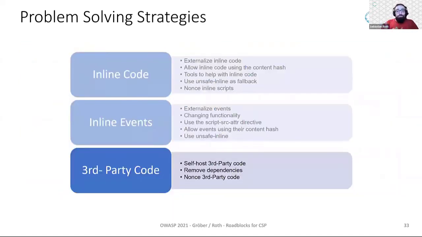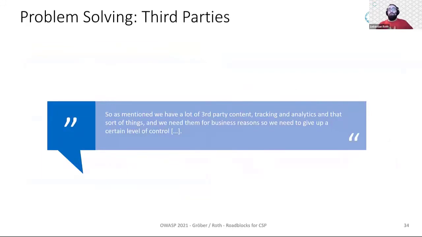Another big problem was the presence of third-party code. Here the participants either allowed the third party as a trusted source, they self-hosted the loaded libraries, or they nonced the loaded scripts, or some even removed the dependency on the library. However, this was only possible because our small web application is, well, only a small web application.